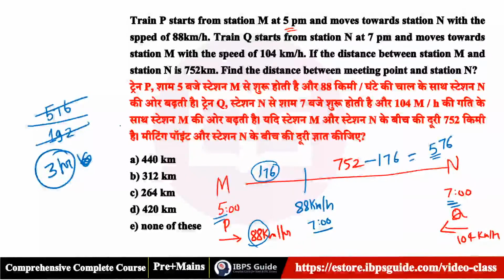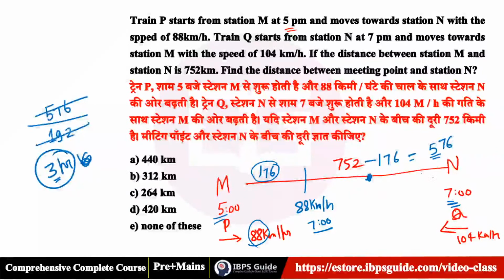You understand that? Okay. If the distance between station M and N, find the distance between the meeting point and station N. So this will be the meeting point, somewhere here, and it takes like 3 hours.